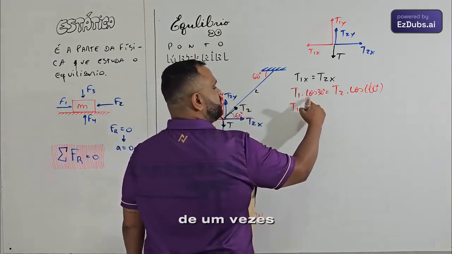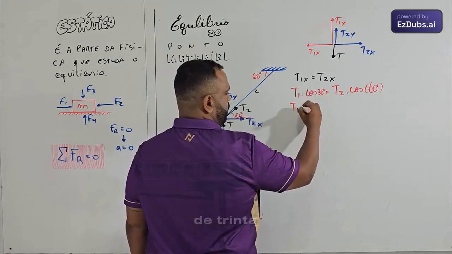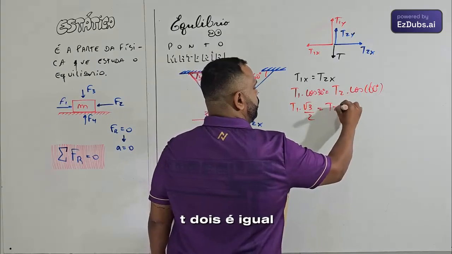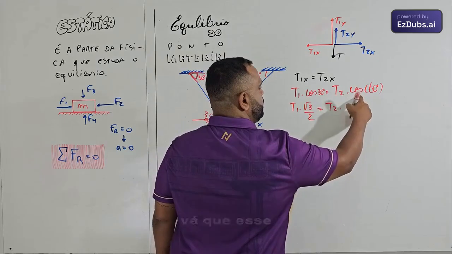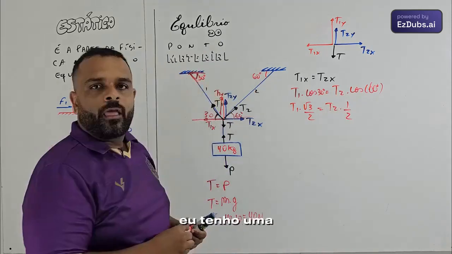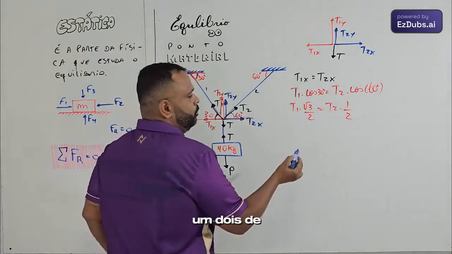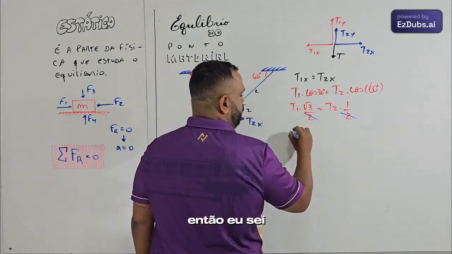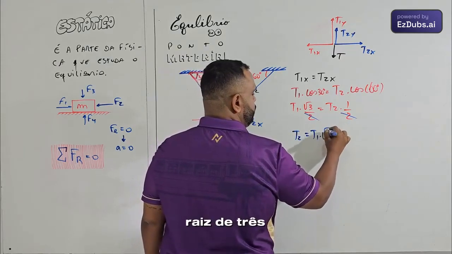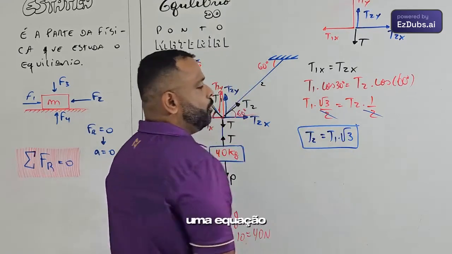T1 times the cosine of 30 degrees, it's root 3 over 2. T2 is equal, go. The cosine of 60 is 1 over 2. I have 2 on one side and 2 on the other. I can cut them. So I know that T2 is equivalent to T1 times root 3. This here is an equation.